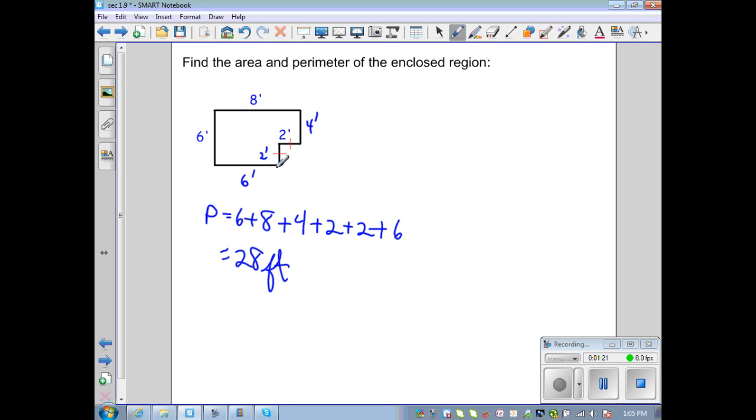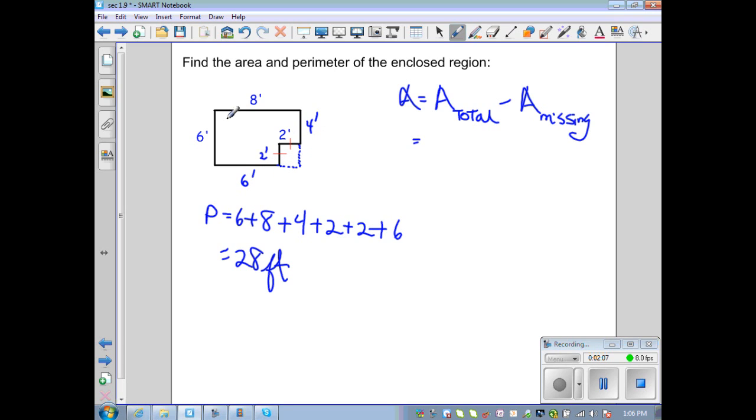Now I need to find the area. Here, what I'm going to do is find the area of the enclosed figure. So I'm going to find the area of the total figure and subtract the area of the missing piece. If I assumed that this was complete, then I would have a rectangle that is 6 by 4.